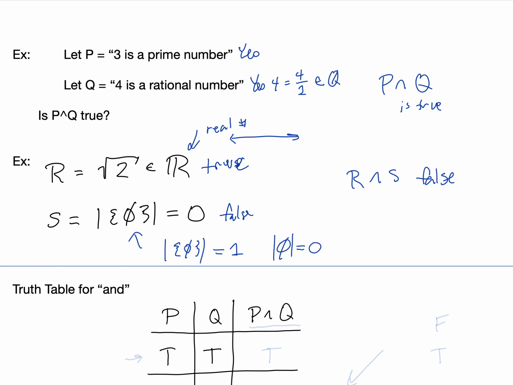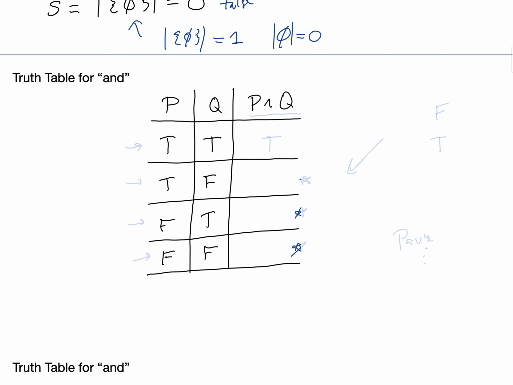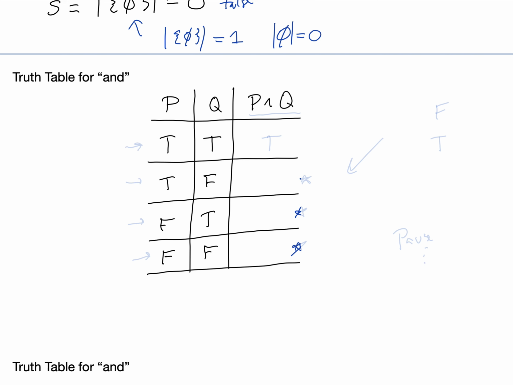So let's think about writing a truth table for and. So we'll see these more in the rest of the chapter, these truth tables. And basically, we are making all possible combinations of whatever variables are involved in some combined statement.